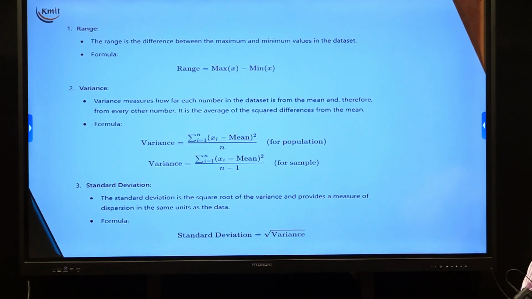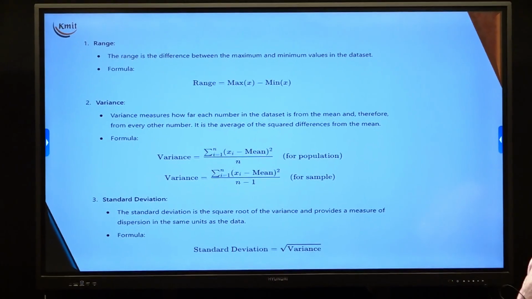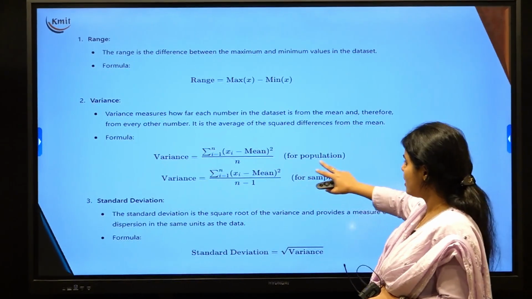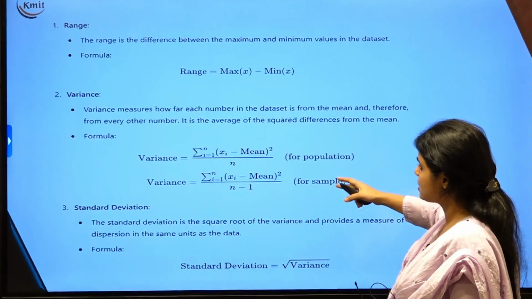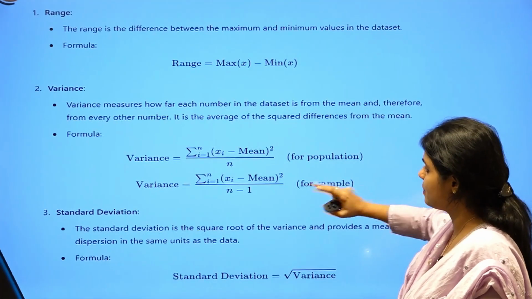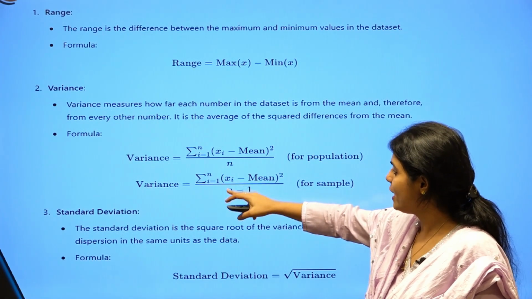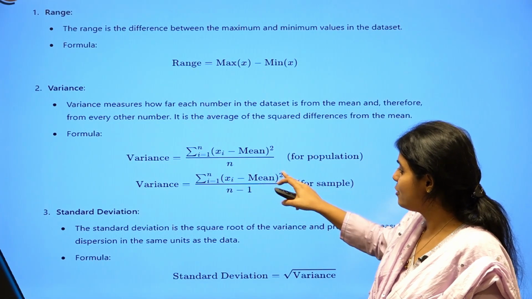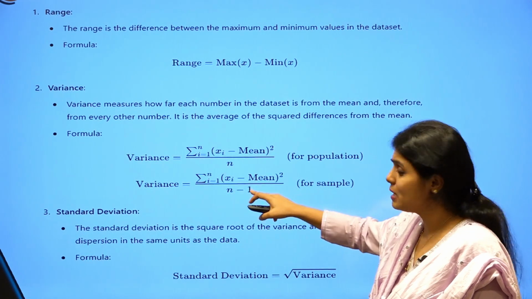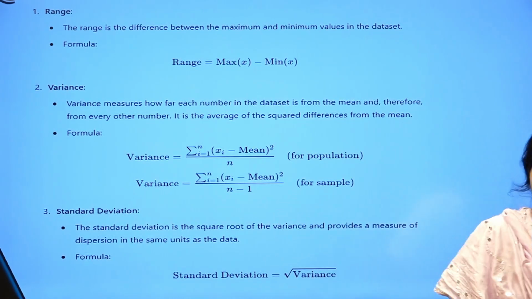And then we've also seen standard deviation, which is nothing but the square root of the variance. When we look into the variance, variance is different for population and for sample. Let's look into sample, which says: summation over i equal to 1 to n of the squared difference between each data point and the mean, divided by the total number of samples minus 1.